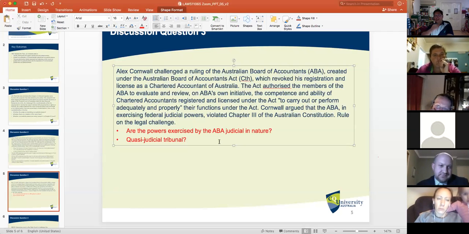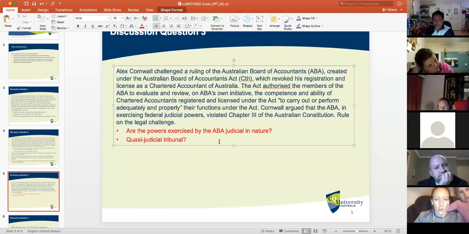Oh, okay. Yeah. You're right on that point, but that's probably an administrative law issue. If it were an administrative law issue, we could raise whether it was ultra vires. But for the purpose of the constitutional law aspect of this legal question, what we're really trying to determine is whether or not the ABA is exercising federal judicial powers.